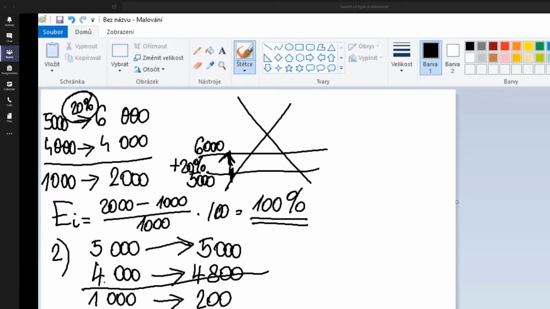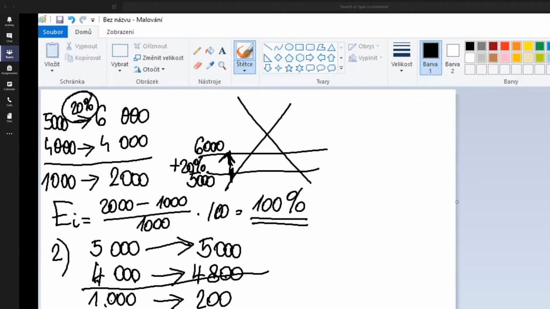So the new price after the tariff imposition is 4,800. That means for the final producer of the motorbike, there is the decrease in his value added. He must be able to produce the whole motorbike for $200. That means his conditions are much worse.